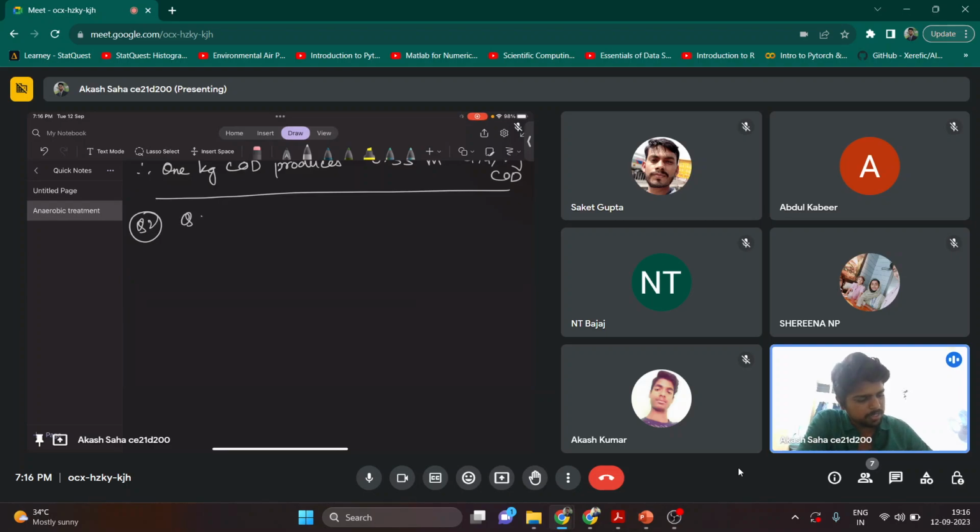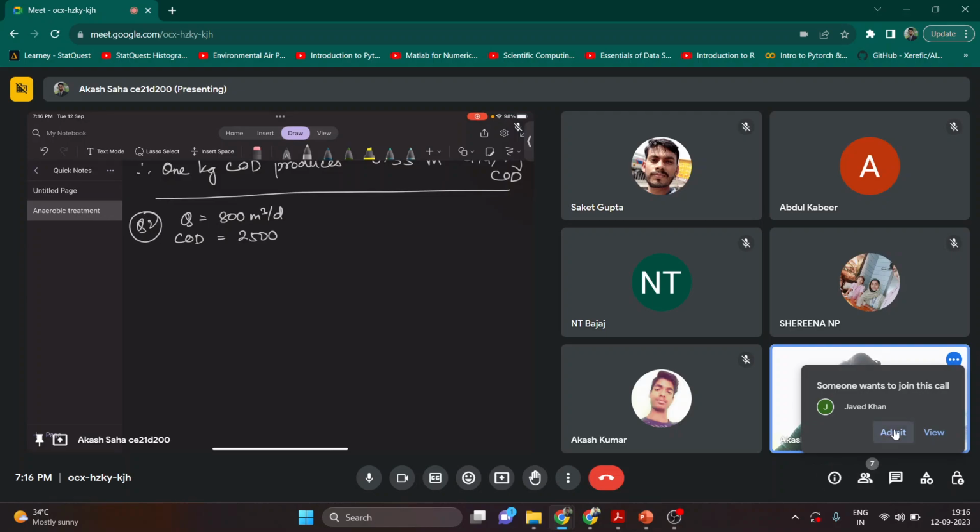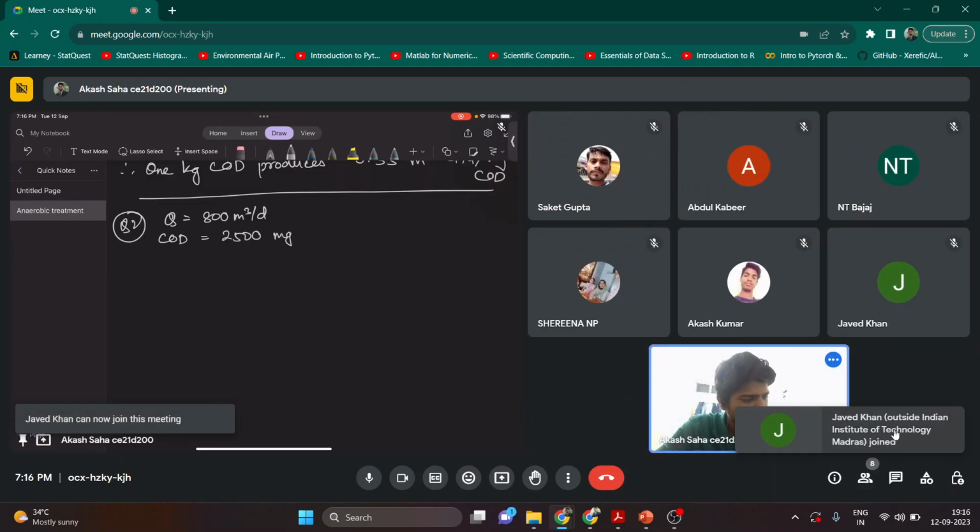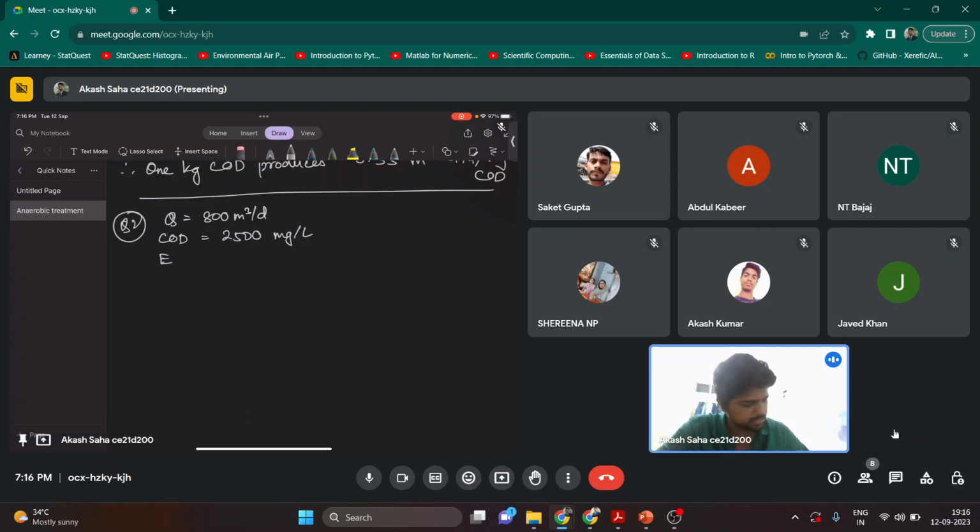We have been given the flow rate as 800 meter cube per day, and the COD value as 2500 milligram per liter, and the E value, that is how much has been degraded, is 0.8, that is 80%, and the M value is 0.35 meter cube CH4 per kg COD. So these are all the data given to us.